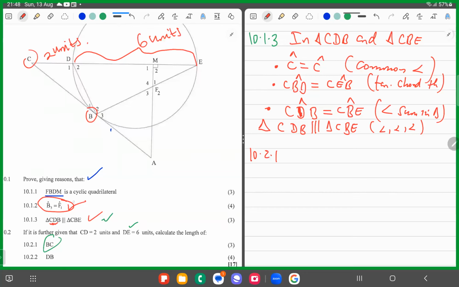So, for example, if you look at the CDB we just saw, and then the other one, CBE. Okay, you sketch this one.